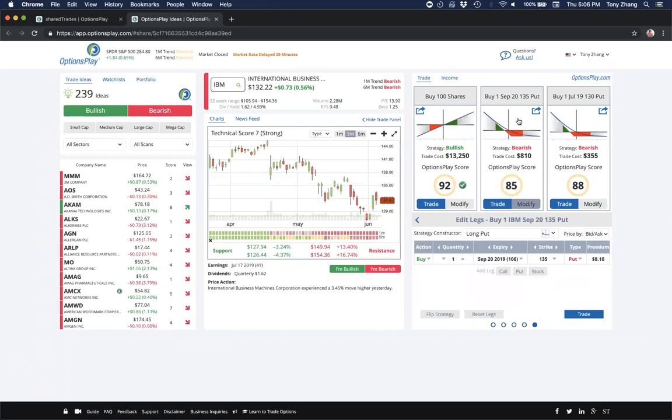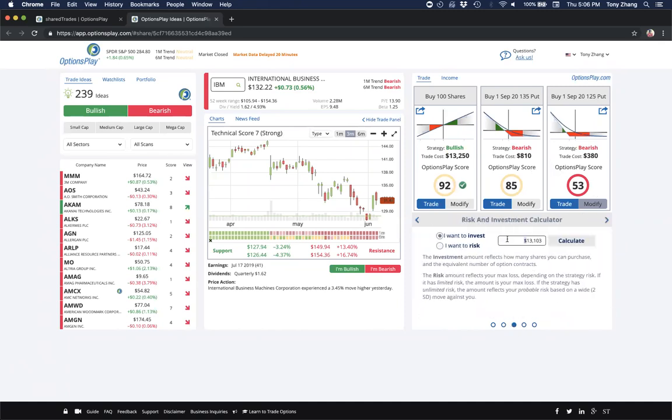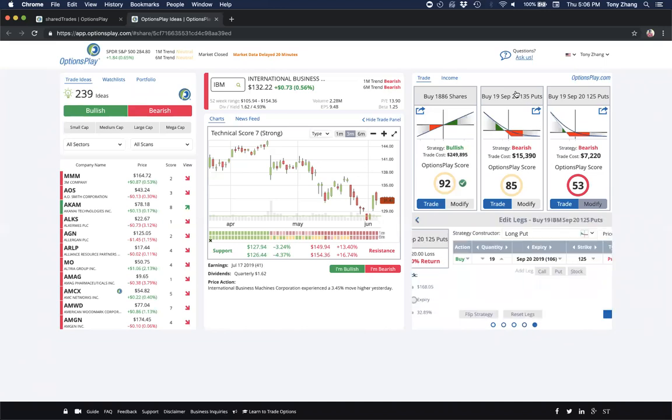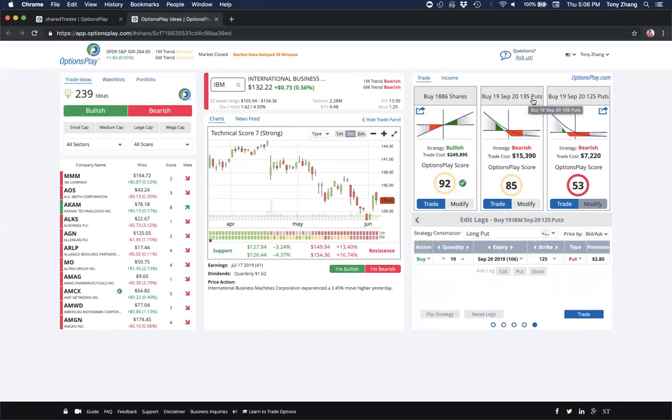Before I was looking at the 135s, or maybe the 140 puts. Let's say I'm looking at the 135 puts and the September 125 puts. Those are the two we're looking at. Let's say I have that $250,000 portfolio. As you can see here, buying 19 contracts of the September 135 puts costs me $15,390.